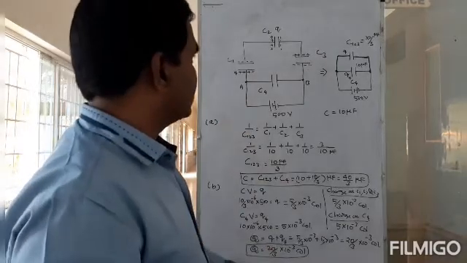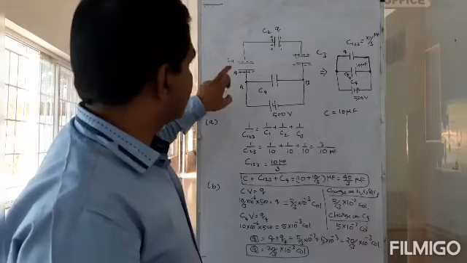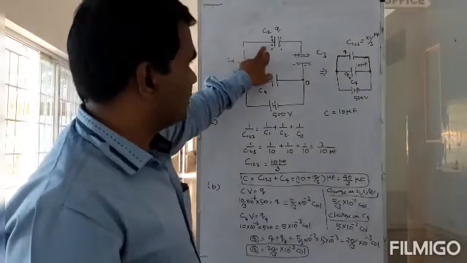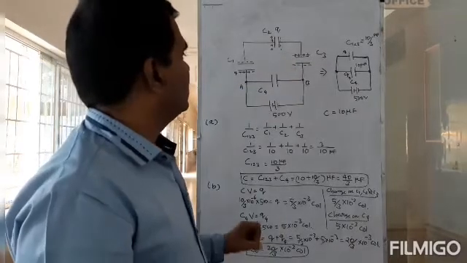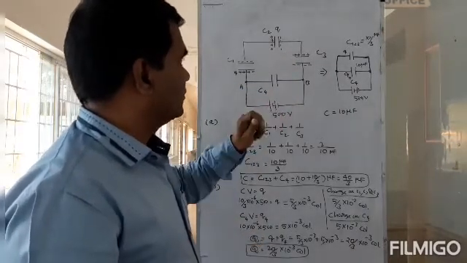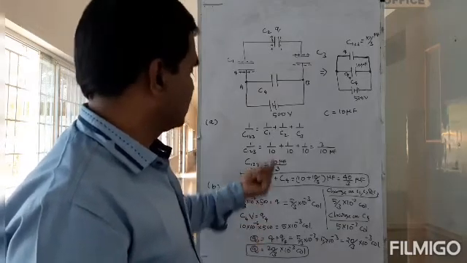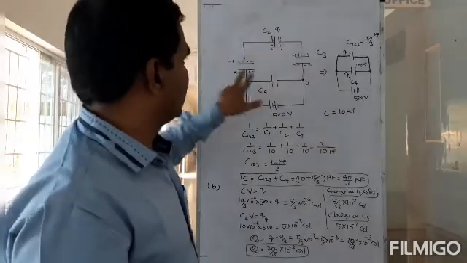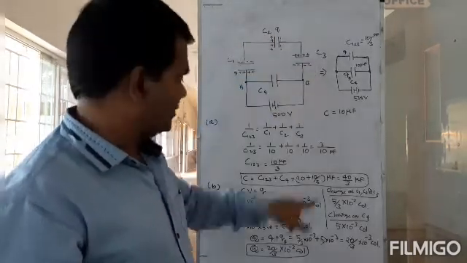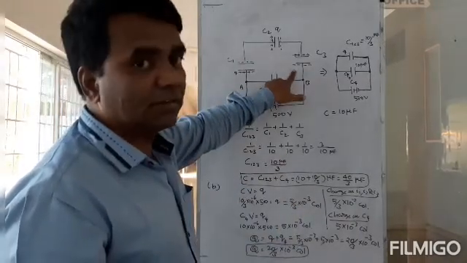And out of which 5 by 3 into 10 to the power minus 3 coulomb will be on C1, also on C2 and also on C3.